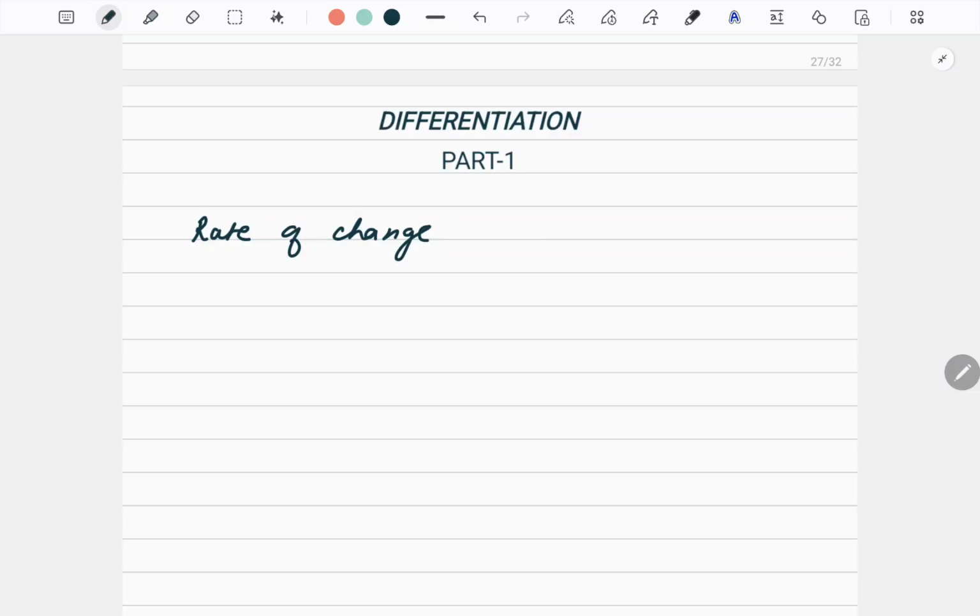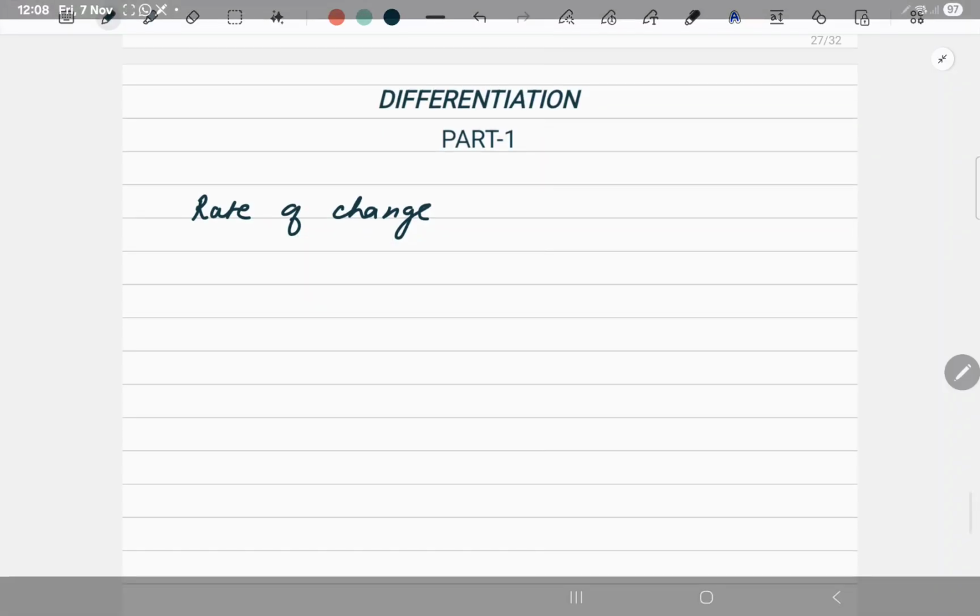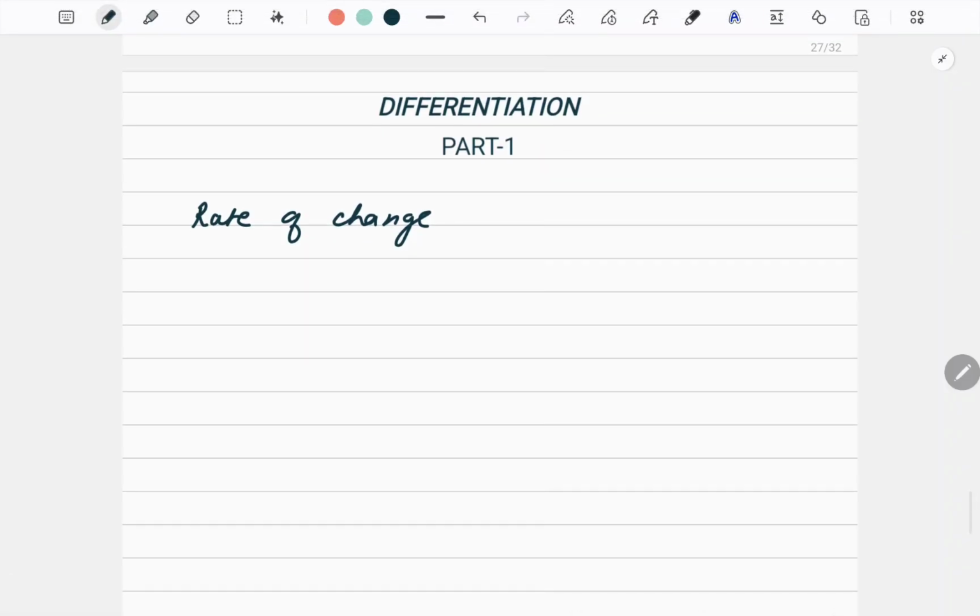When I talk about the rate of change, I first of all need two variables. Why do I need two variables? Because I say the rate of change of one variable with respect to another, like how y is changing with respect to x. For example, how demand and supply are changing with each other.